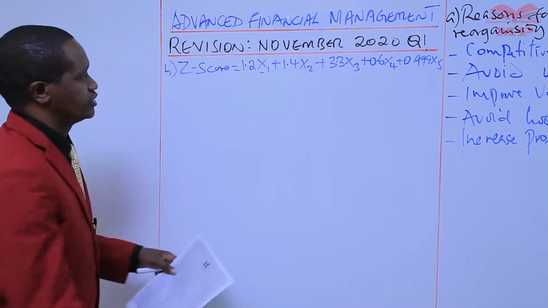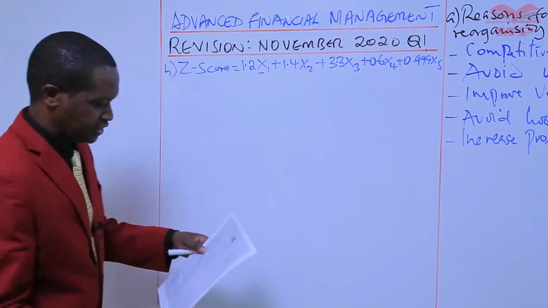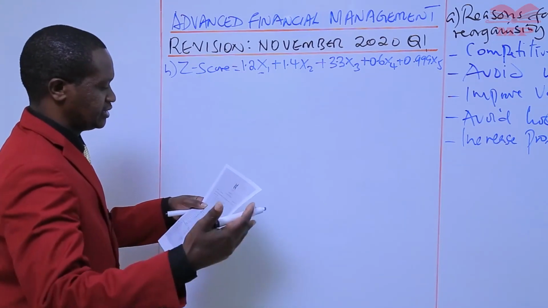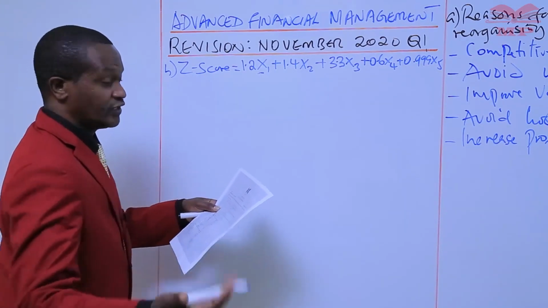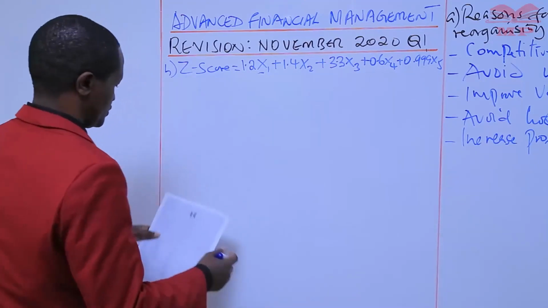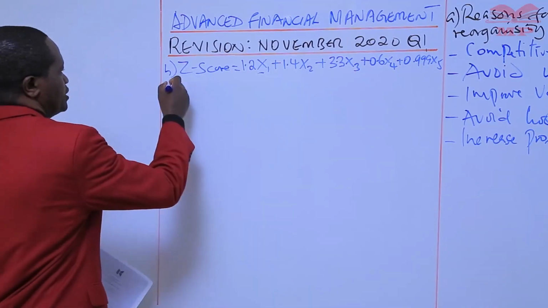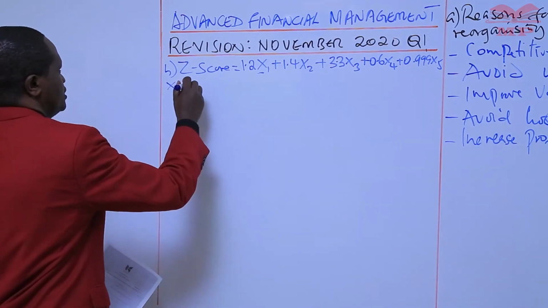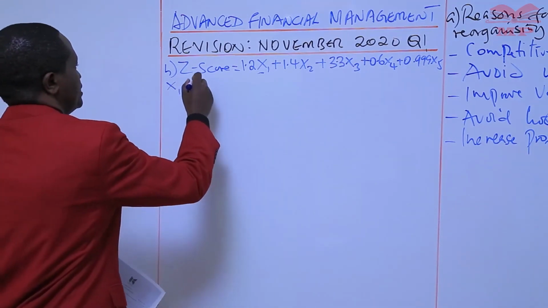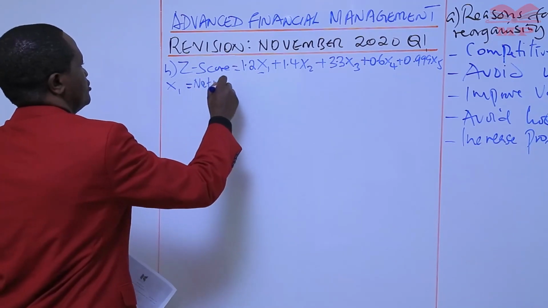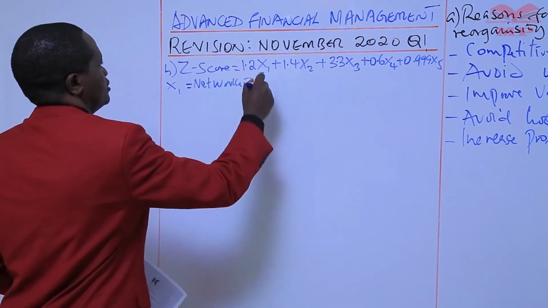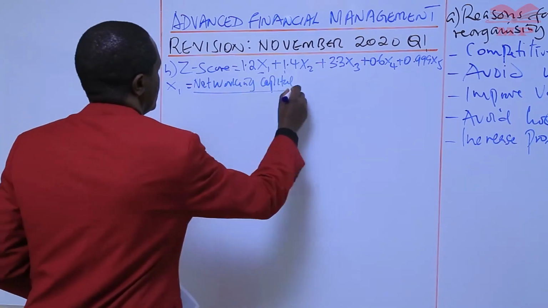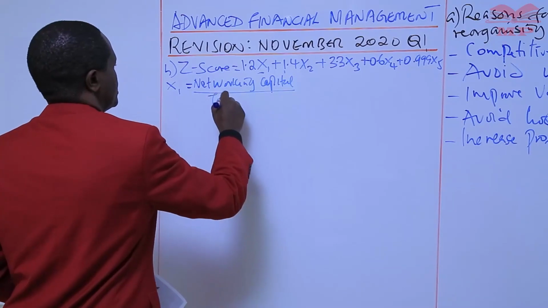ratio. These are ratios. The first ratio we see is equal to net working capital over total assets. X1 is equal to net working capital over total assets.